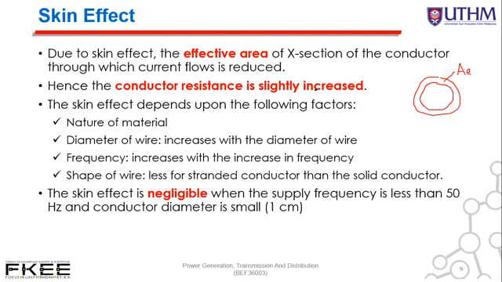So the conductor resistance slightly increases. Reducing the effective area will increase the resistance, and when resistance is increased, the copper loss, that is I squared R, also increases.